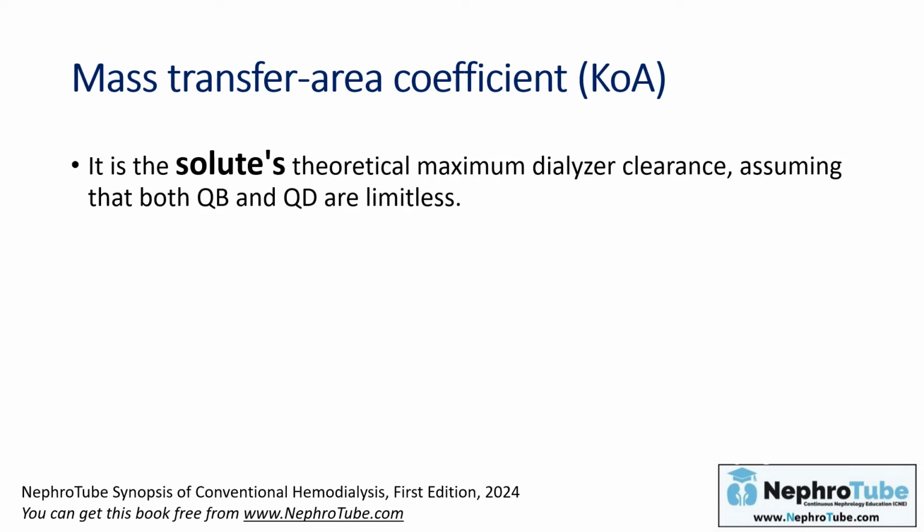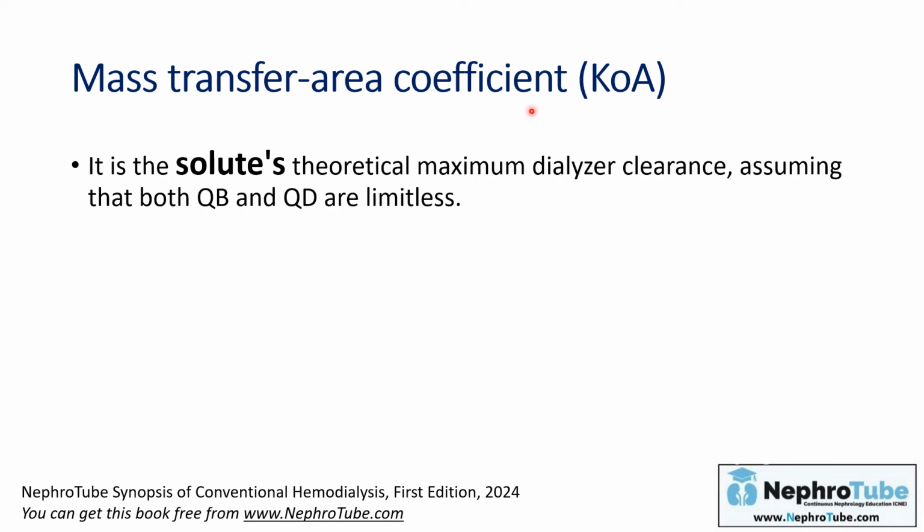Again, here I wrote the word solutes in bold, large words to ensure that the mass transfer area coefficient is used to measure the dialyzer efficiency, which denotes the ability of the dialyzer to remove small solutes. The mass transfer area coefficient is the solute's theoretical maximum dialyzer clearance, assuming that both the blood flow and the dialysate flow are limitless. So it is a theoretical number.